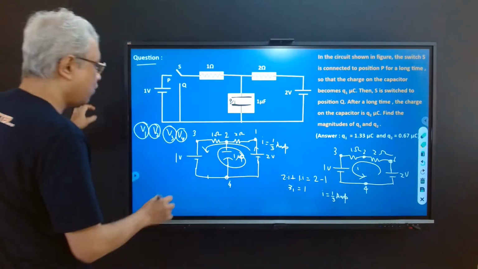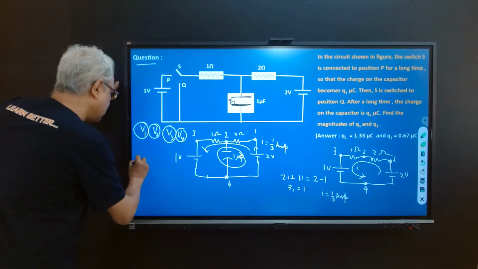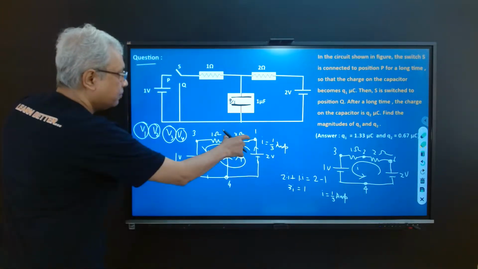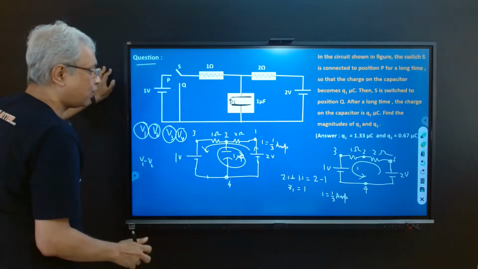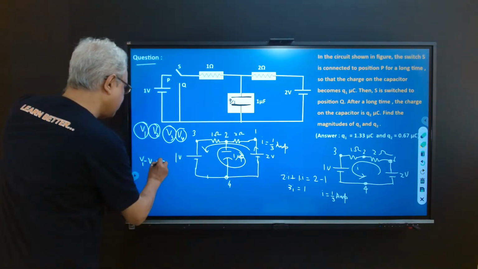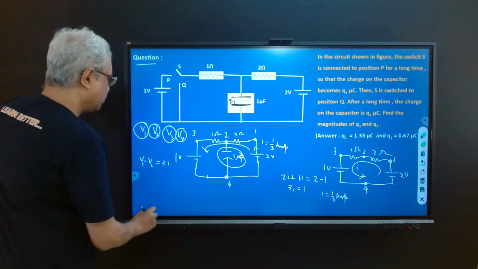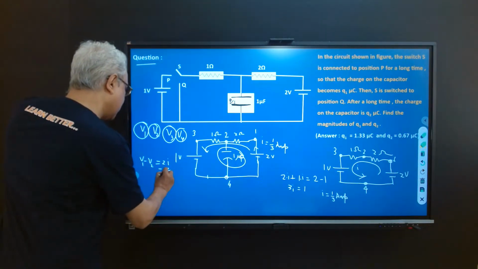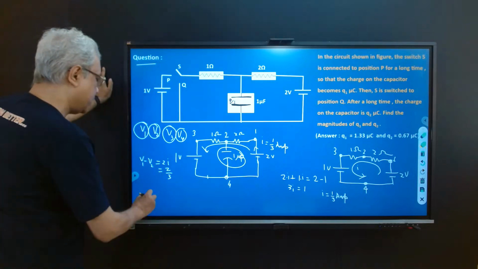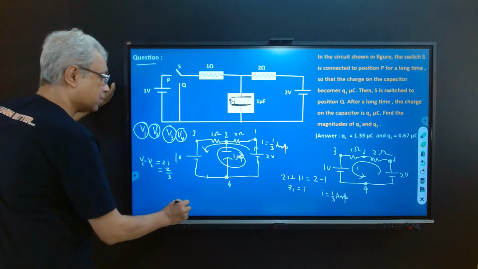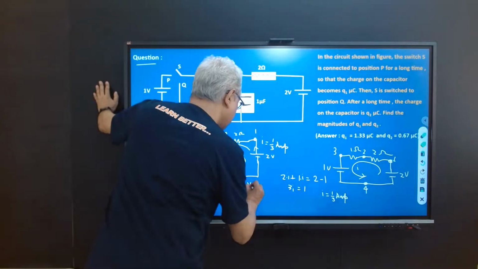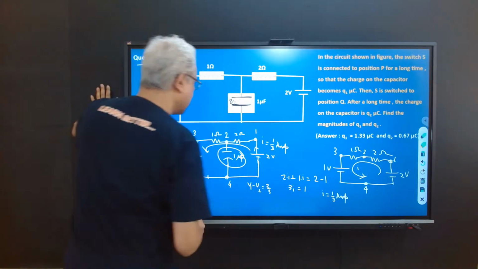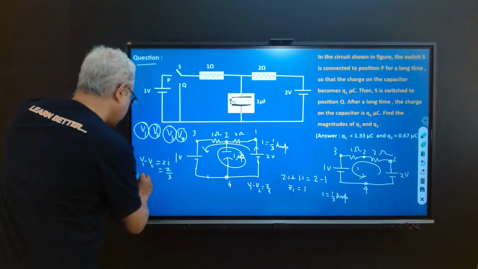So V1 minus V2 is V equal to IR, simply Ohm's law: 2 times I. I have already found I is 1/3, so it is 2/3. So V1 minus V2 is 2/3 of a volt.